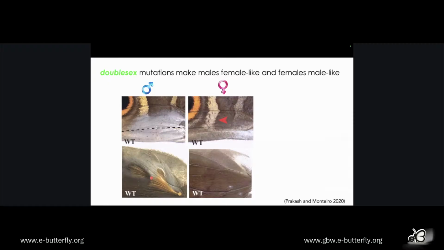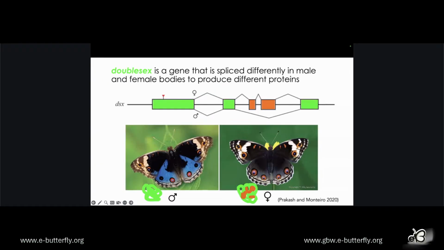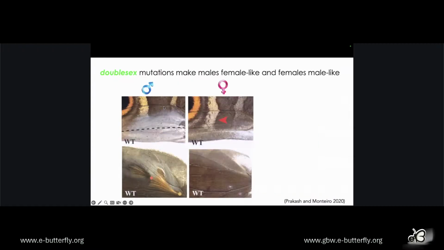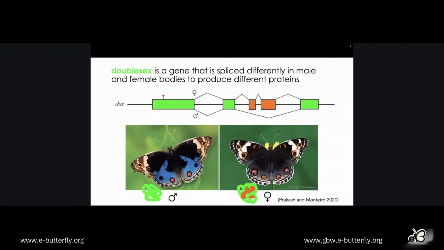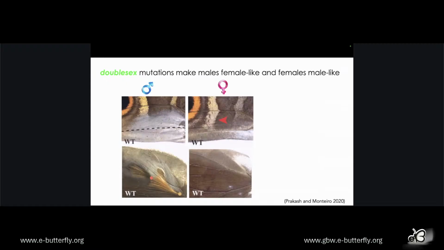So what we did here, Anupama in my lab, what she did was she targeted this common part of the gene of doublesex with a CRISPR guide RNA, to produce a double strand break in doublesex and prevent the doublesex protein, both in males and females, from being produced or expressed correctly at all. So here we have butterflies that do not have this doublesex protein functioning in their wing. And so what does that do?